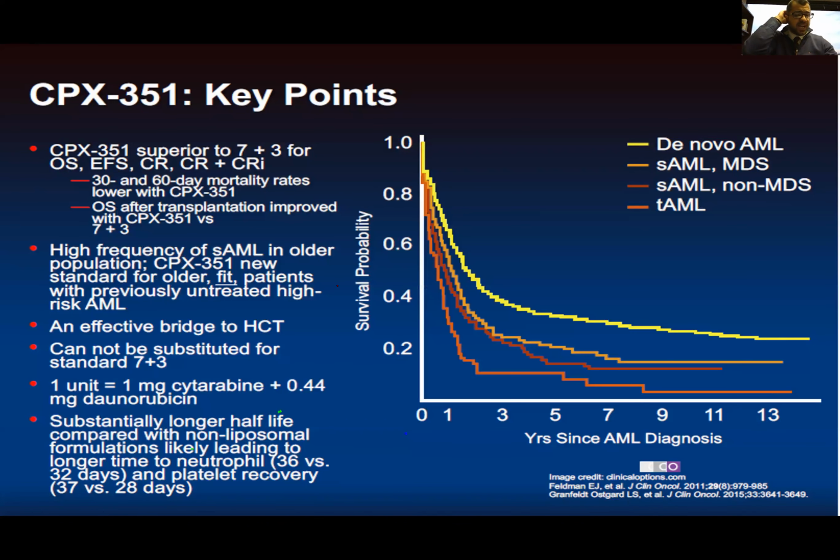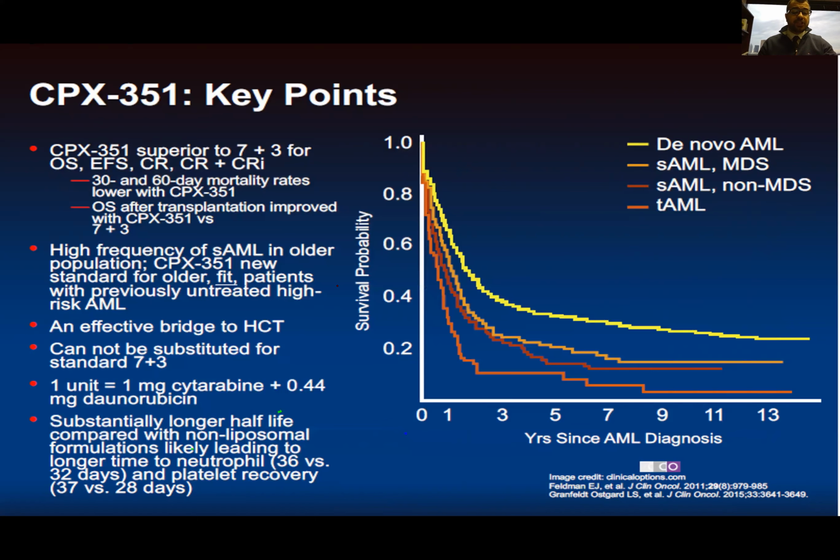We know now that CPX-351 is superior to 7+3. Both 30 and 60-day mortality are lower in CPX-351. Overall survival after transplantation is better. We know that is better in CPX-351.